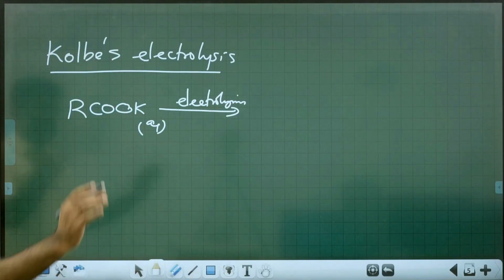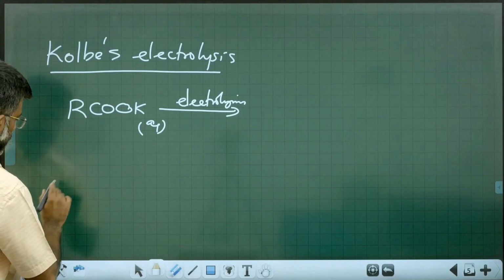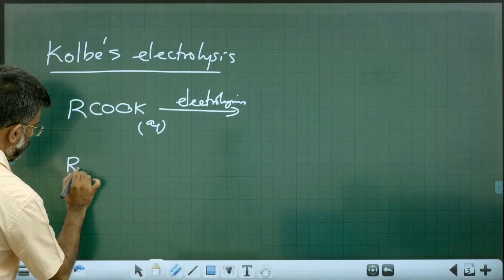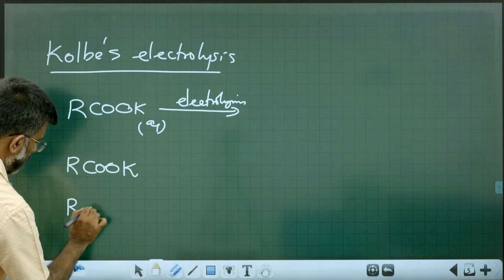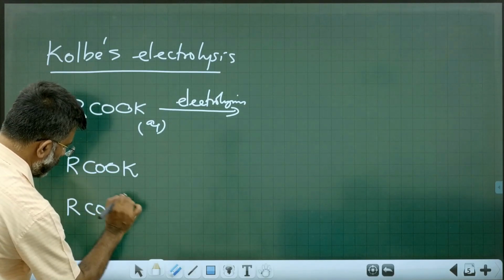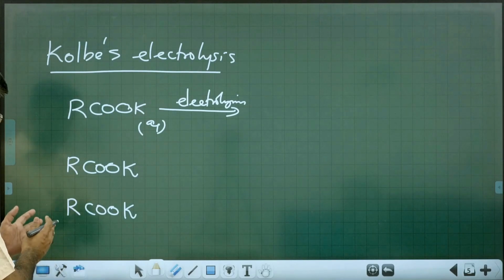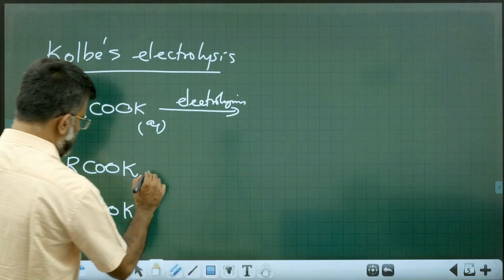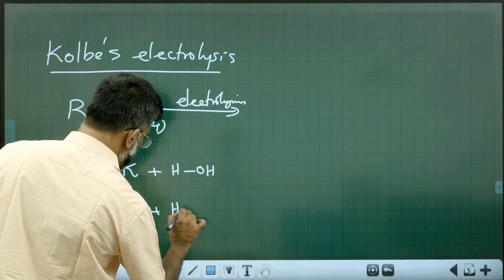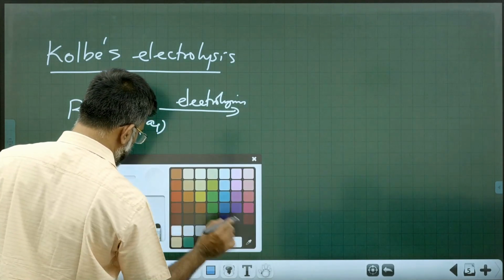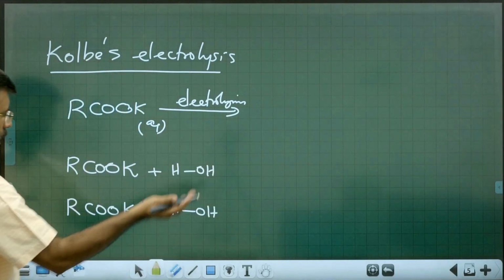See, what is the product obtained and how do you get the reaction? Let me illustrate with 2 molecules, RCOOK with another molecule RCOOK. I will demonstrate how you get the different products with water in aqueous medium. Listen carefully how the product is obtained.